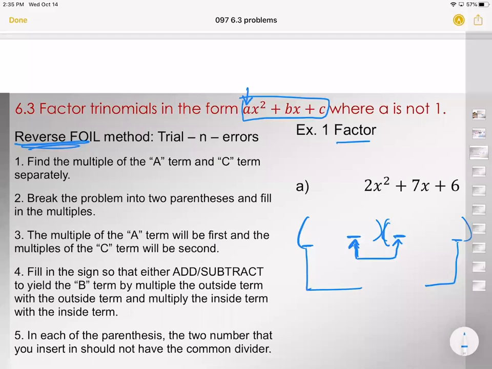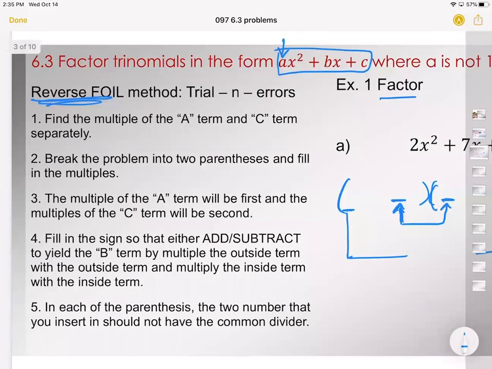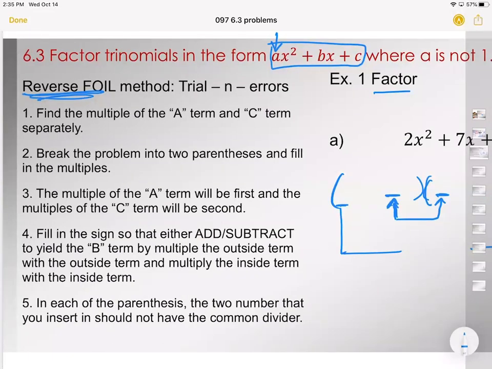First, find the multiples of the A term and the C term, okay? Then you break your expression into 2 parentheses and fill in the multiples of the A term here and here, and the C term here and here.